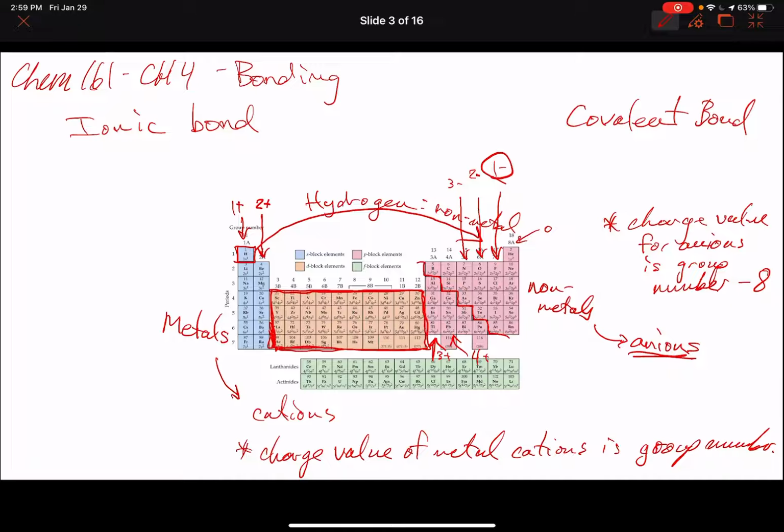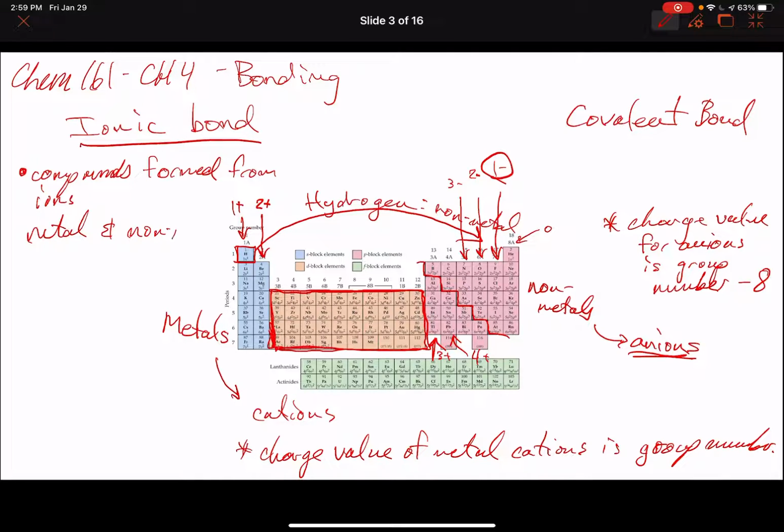So as an example, ionic compounds are compounds formed from ions. We have to have a metal and a non-metal if we're going to form ions and therefore an ionic compound.